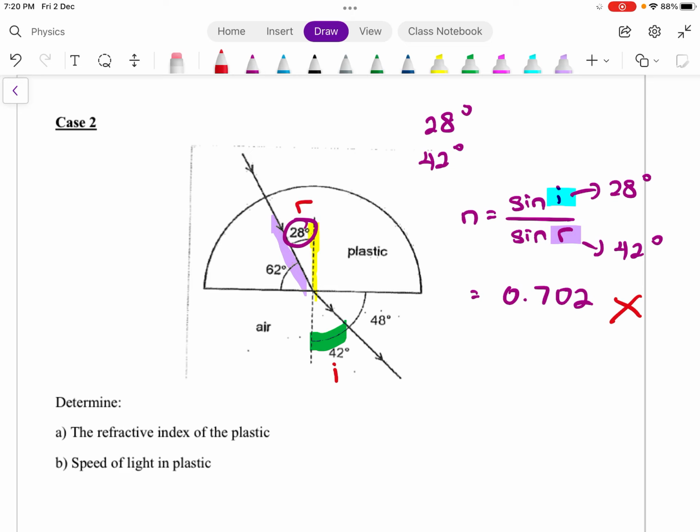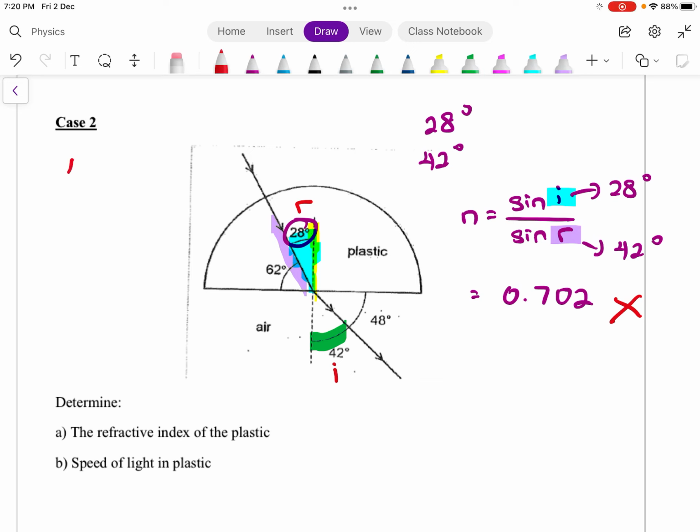Yes, I understand that my light is incident at this particular portion, so by right 28 should be my angle of incidence. But in physics it is a bit different. In physics, we must always take note that the angle of incidence must always be in the less dense medium, and the angle of refraction must be in the more dense medium.